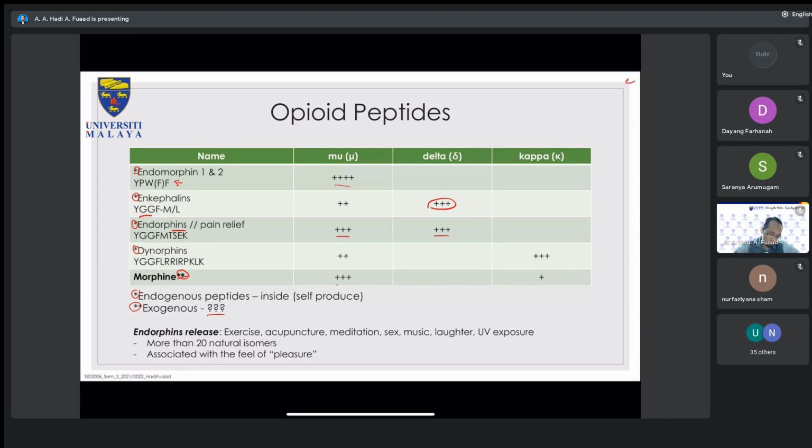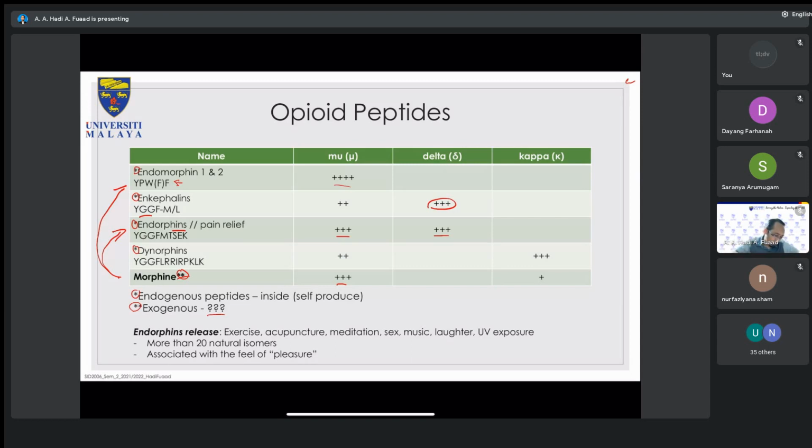And morphine is more effective on the mu receptor. So if it's active on the mu receptor, then you can expect that morphine can also become a competitive inhibitor, or it can actually activate the receptors in these two other regions, or the effects of these two other molecules.